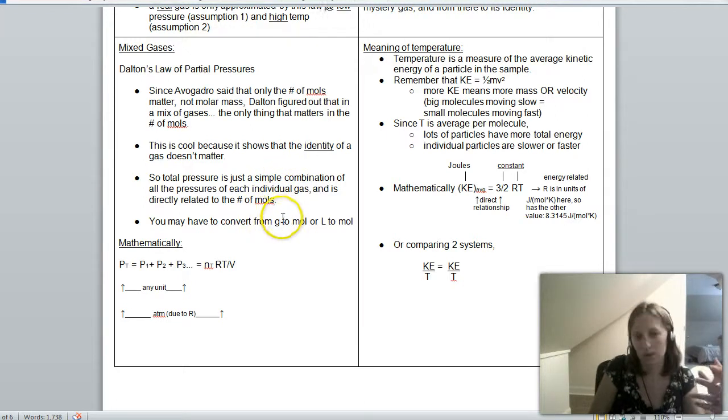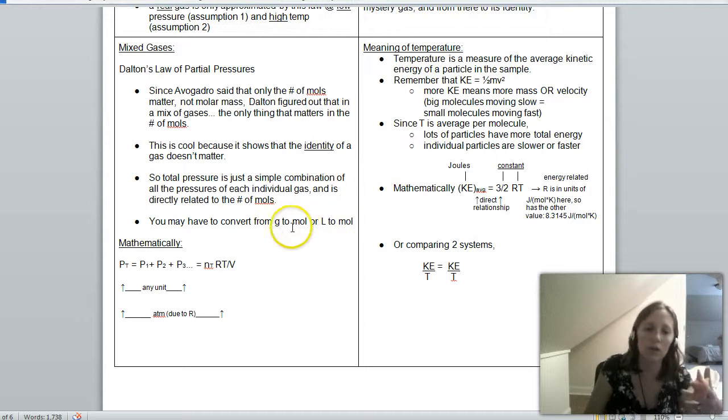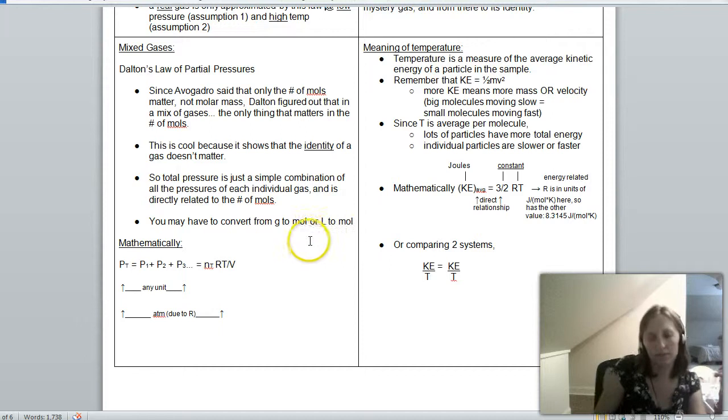In a problem asking about Dalton's Law of partial pressures, they are likely to make you convert from grams to moles or liters to moles, using the molar mass equality or the 22.4 liters equality. So the formula looks like this.